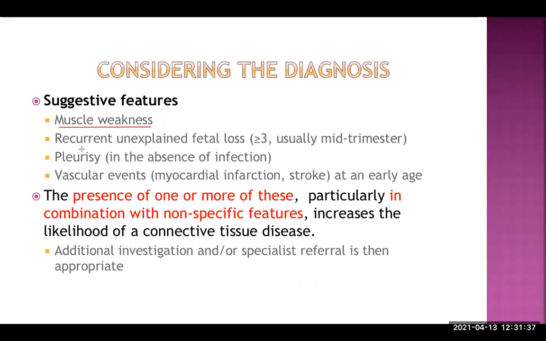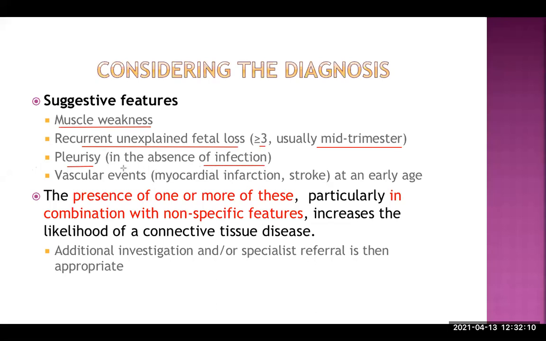Now, recurrent unexplained fetal loss, three or more, usually in the mid-trimester, is another feature. In the reproductive age group, unexplained fetal loss, there may be intrauterine fetal death, there may be stillbirth, or sometimes abortion. So this is an important one. Then pleurisy in the absence of infection.